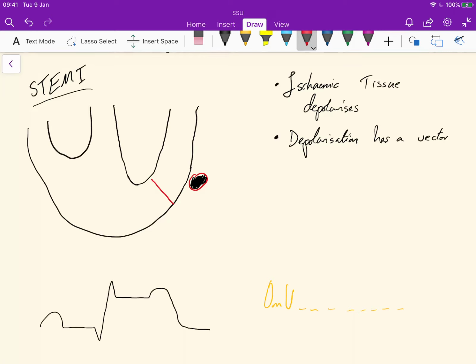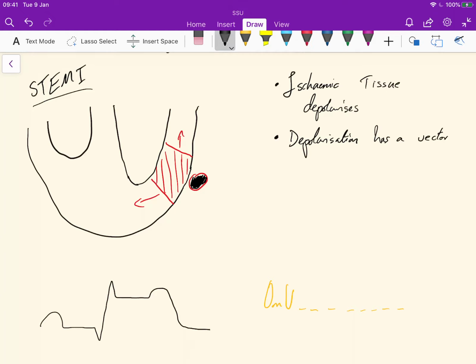which means that you get a massive area of ischemia that goes transmurally, i.e. from wall to wall, and this massive area of ischemia causes depolarization away from itself. Because it's taken up an entire chunk of this wall, the depolarization is moving away.